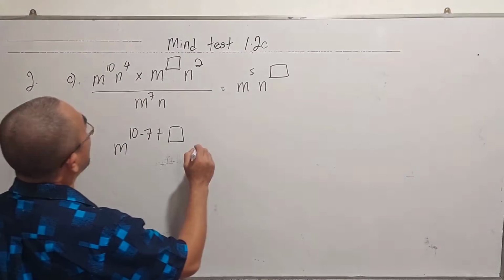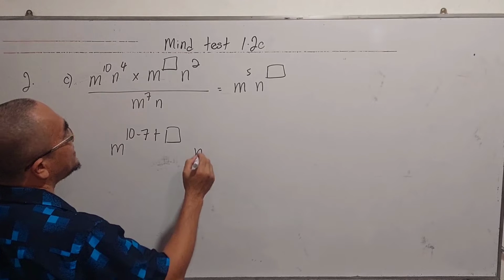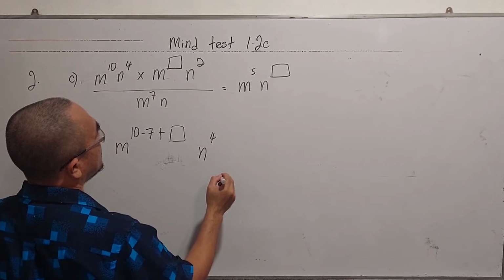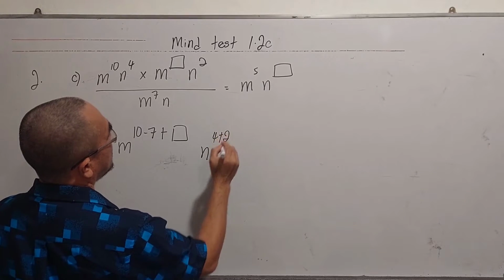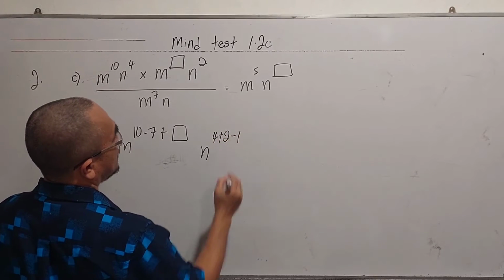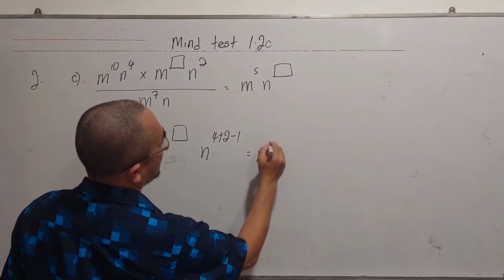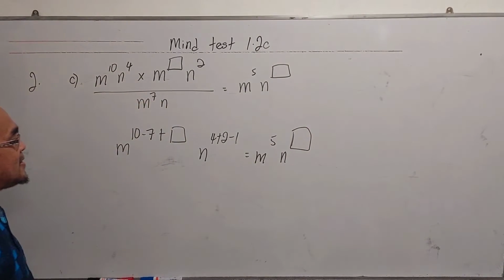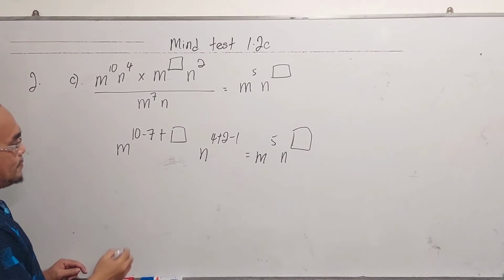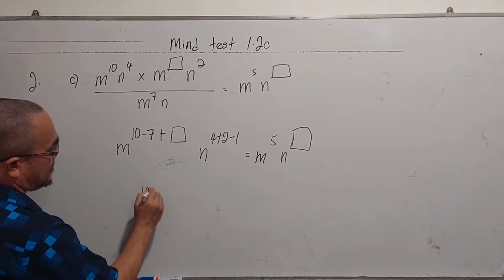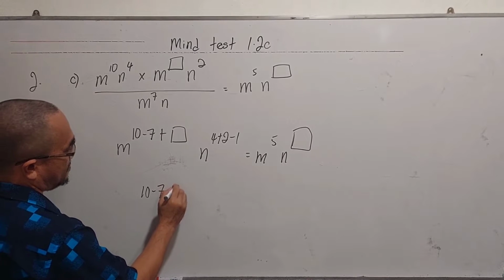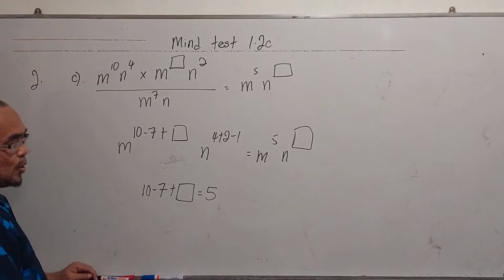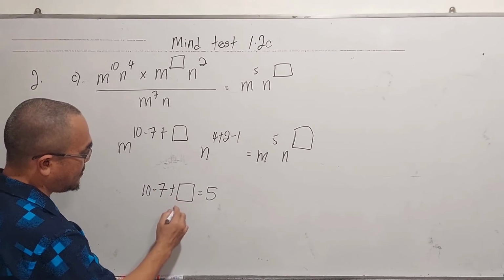And then we are talking about n now. So, what is n for? 4 plus 2 minus 1 equals the box. Compare the index. 10 minus 7 plus box equals 5. Aha. So in this case, box is positive.